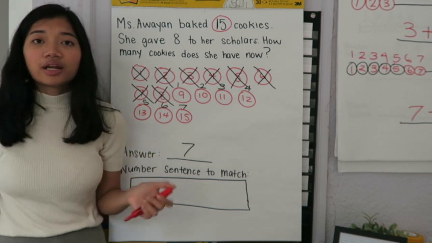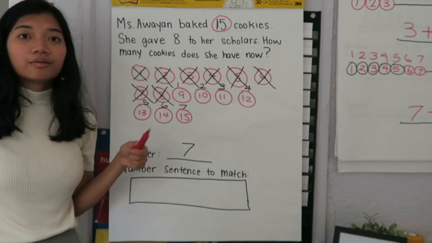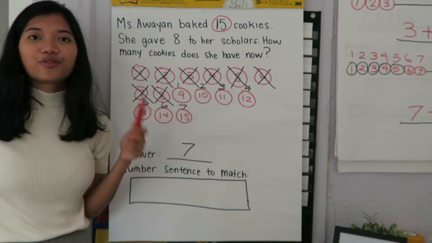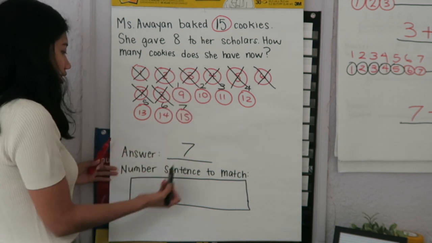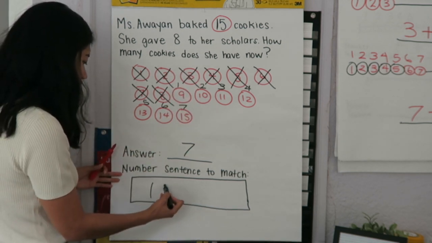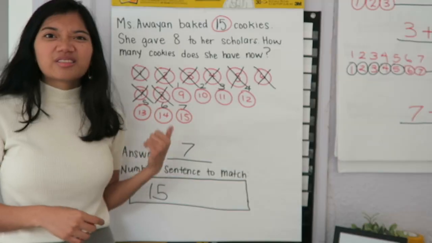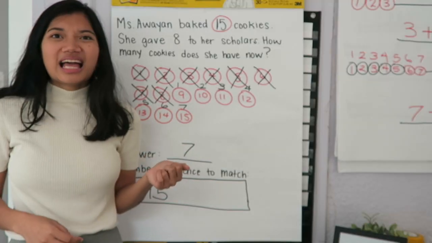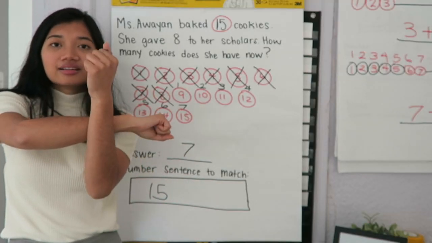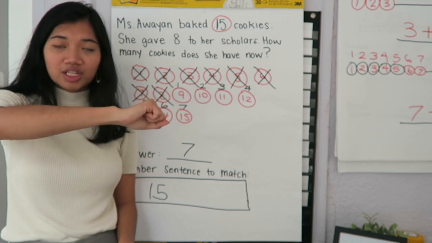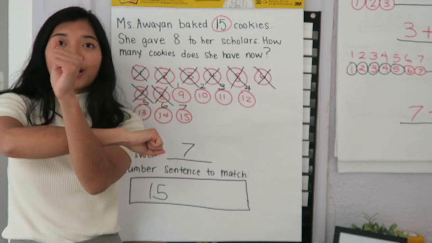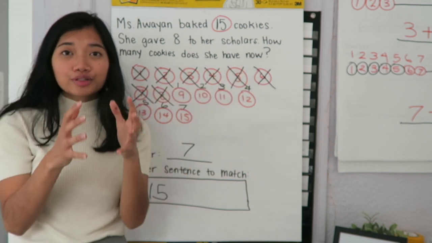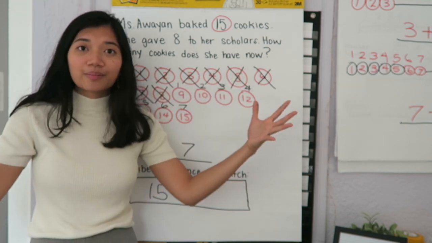I have 7 cookies because that's the last number I wrote, and that's going to be my answer. Now I need to write a number sentence to match. What did I start off with? I started off with 15 cookies, so that's the number I'm going to write at the beginning of my number sentence. Now, am I adding or subtracting in this problem? Remember, adding means putting 2 numbers together to make a bigger number.